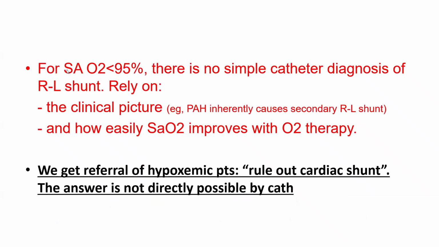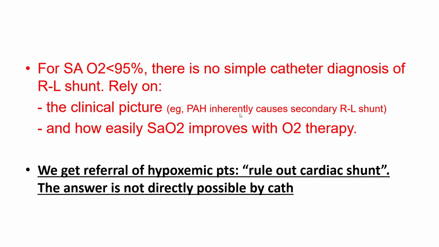So for somebody who has an arterial O2 saturation less than 95%, we frequently get asked, do they have a right to left shunt? The answer to the referring doctor is there is no simple catheter diagnosis of right to left shunt. The diagnosis of right to left shunt relies on the clinical picture. For example, PAH inherently causes secondary right to left shunt.